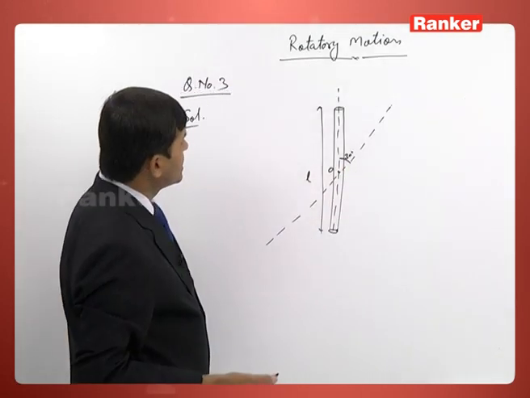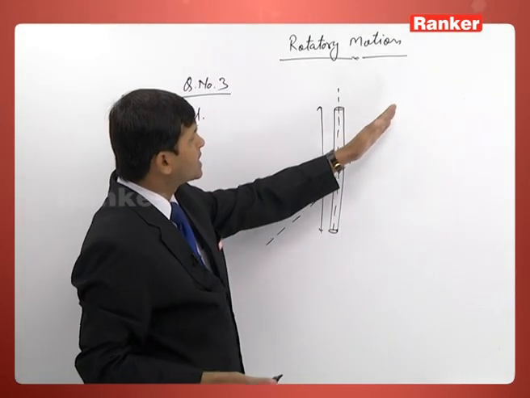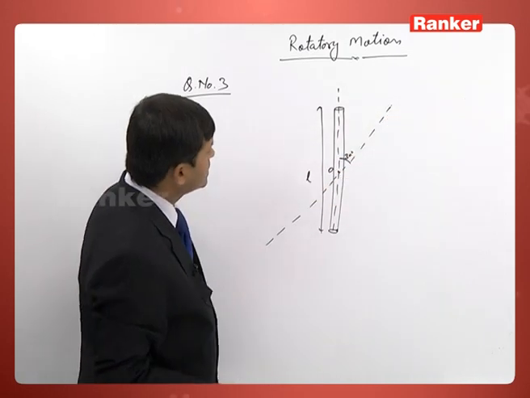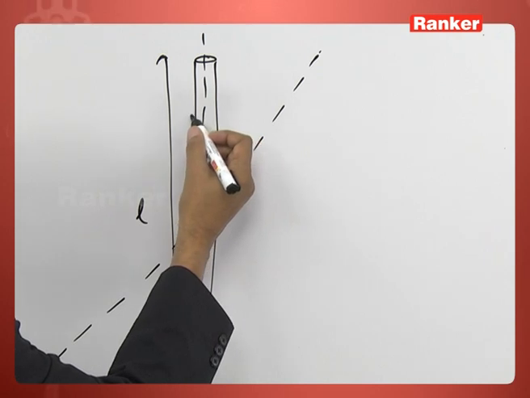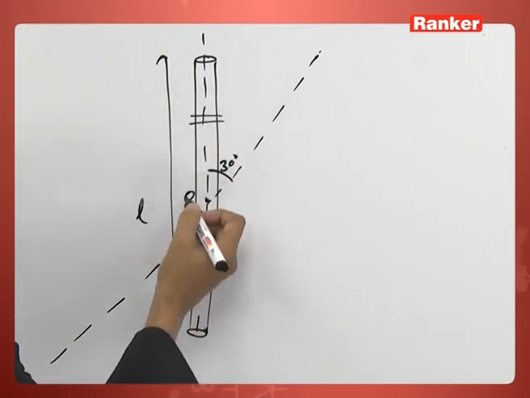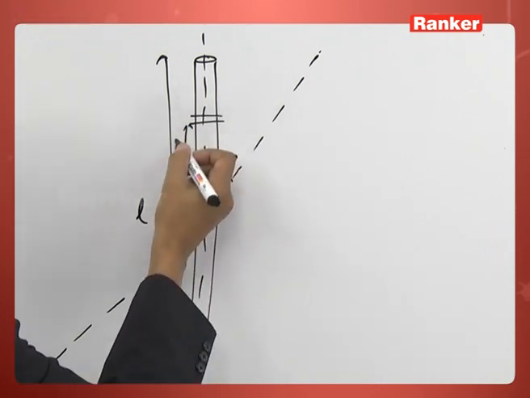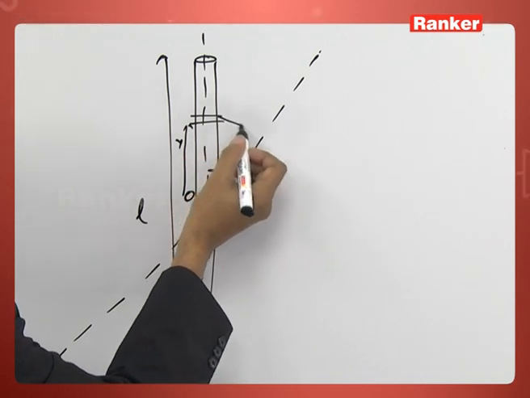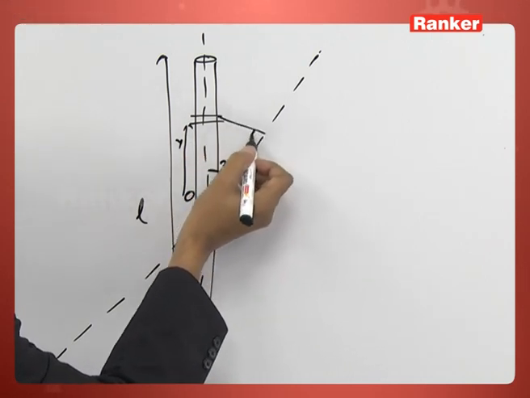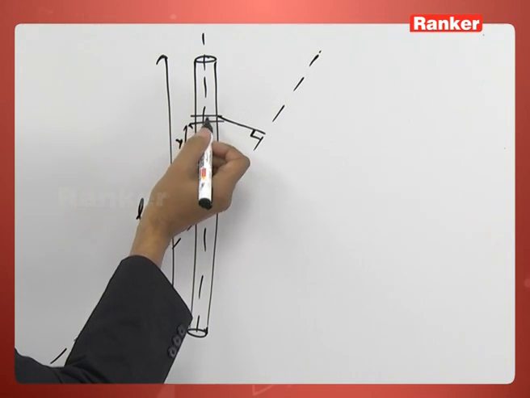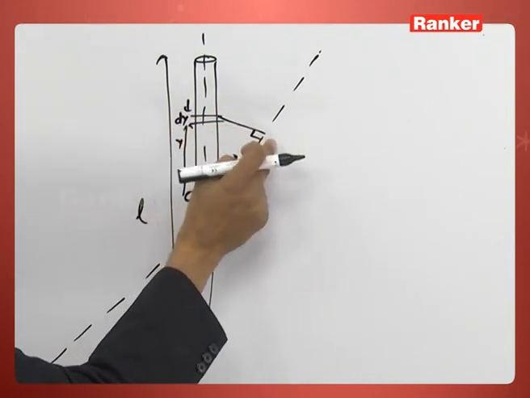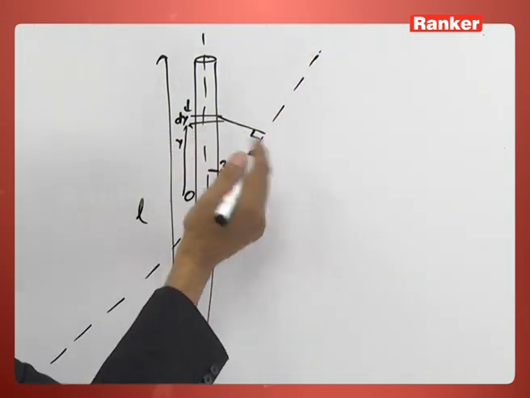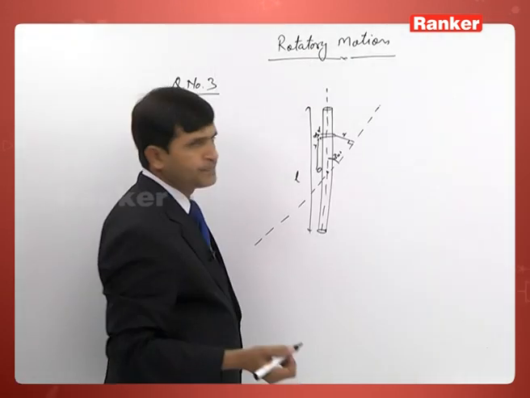It means every particle of the rod is rotating about this axis, so we will take a certain distance, let this be y. So we can say that this particle is rotating about this axis with radius r.